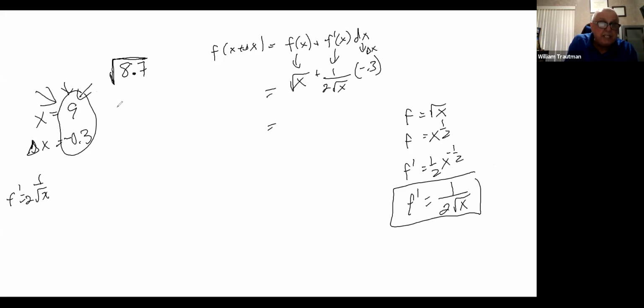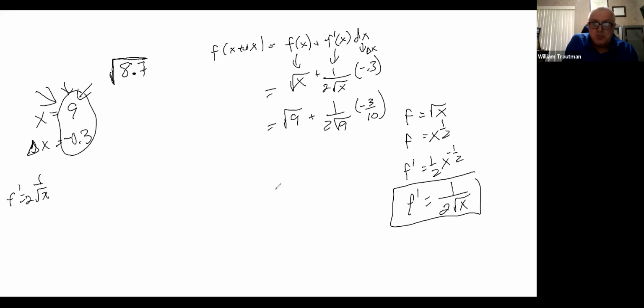We already stated that. Square root of 9 plus 1 over 2 square root of 9 times negative 3/10. By the way, I don't know if Newton would ever put a decimal down. Normally I don't, because he has to do the math here.